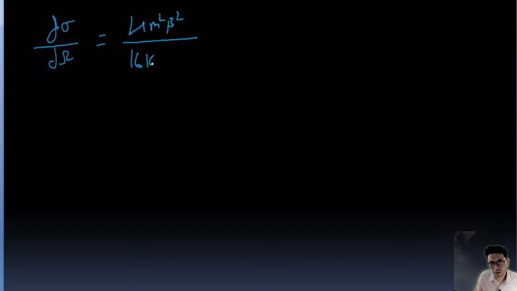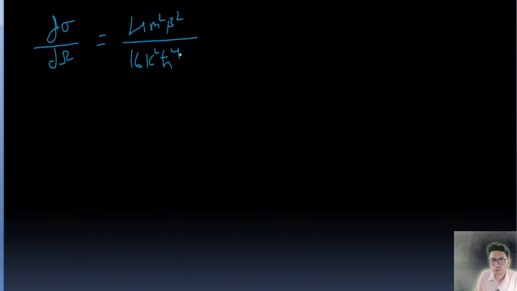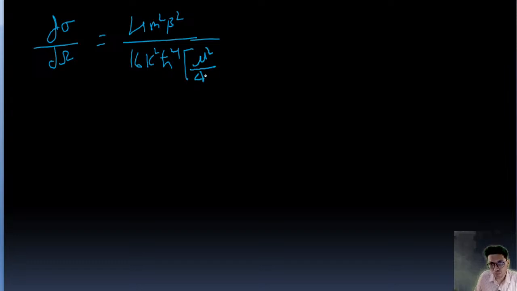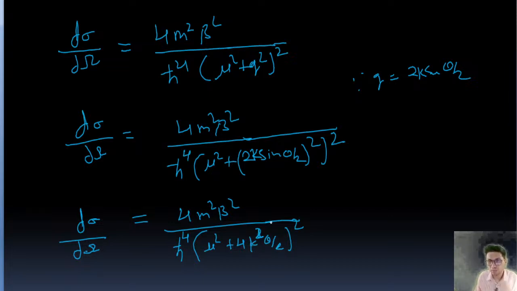So from here d sigma upon d omega is going to be, taking 16 k square common, 4 m square beta square upon 16 k square h cut to the power 4, where I have taken h cut to the power 4 common. Then this is going to be mu square upon 4k square plus sine square theta by 2 whole square.